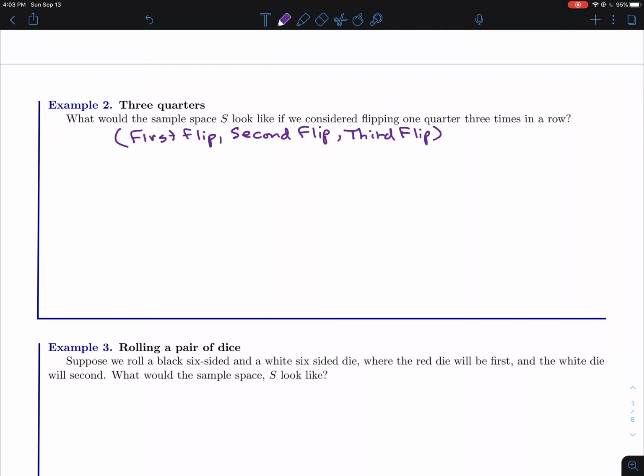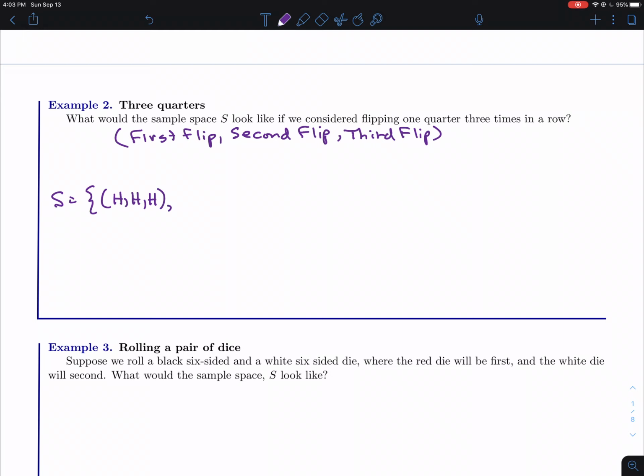And so again, I'm going to do the same thing. I'm going to start with heads in the first position and then try to cycle through all the possibilities of what could occur in those other positions. So in this case, I could have heads in all the positions.